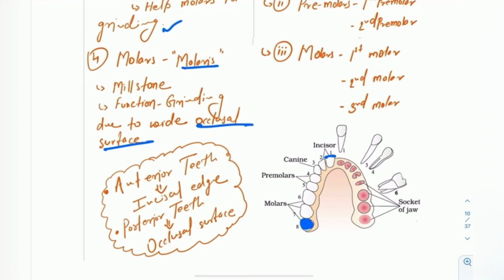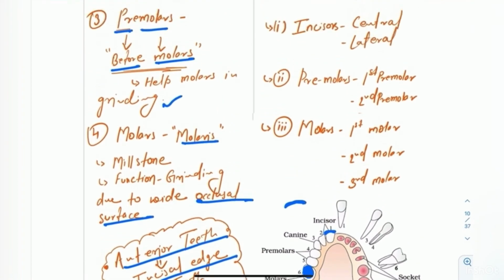In case of incisors, you will see a ridge-like thing called the incisal edge. And in case of premolars and molars, you will see a surface, so we call it the occlusal surface. Anterior teeth have an incisal edge and posterior teeth have an occlusal surface. Clear?